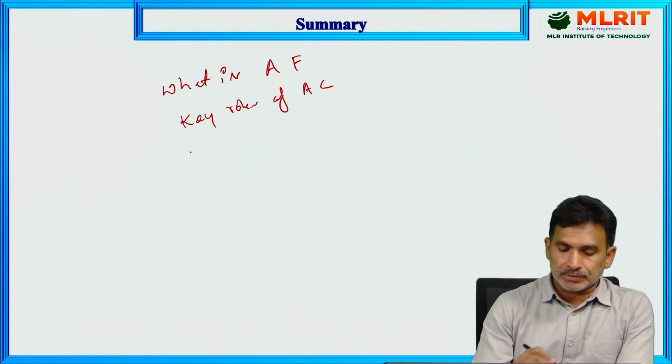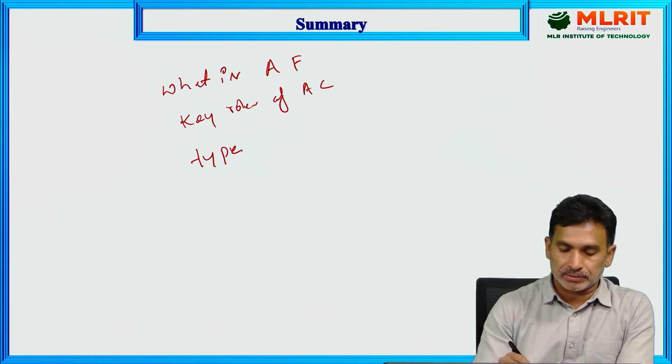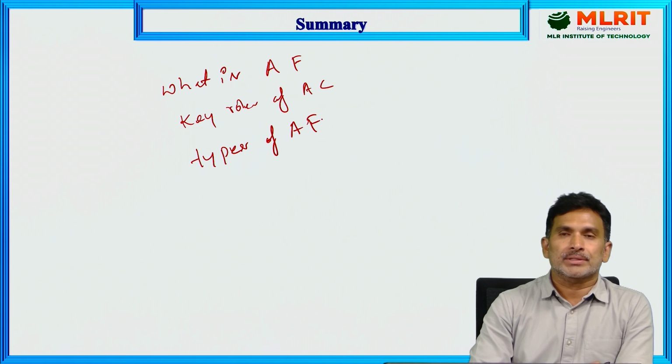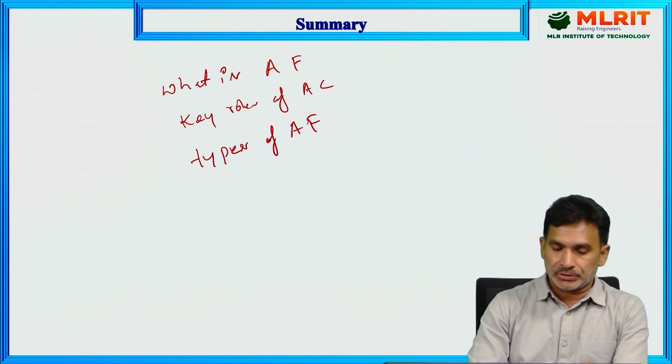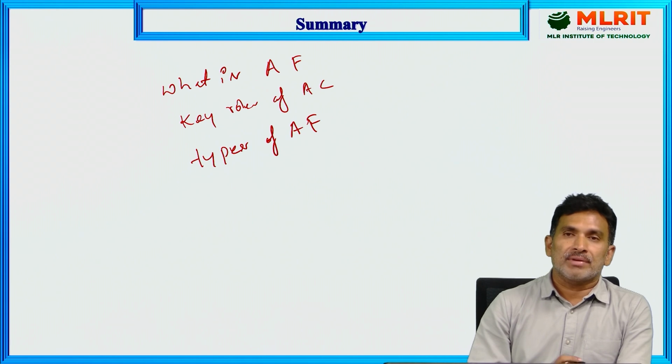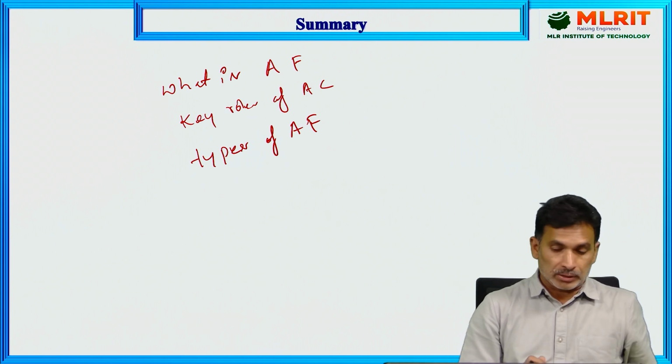Then we discussed the types of activation functions, like the step function, sigmoid function, ReLU, tanh, and then we discussed how to choose the best or suitable activation function. So thank you for watching this video.